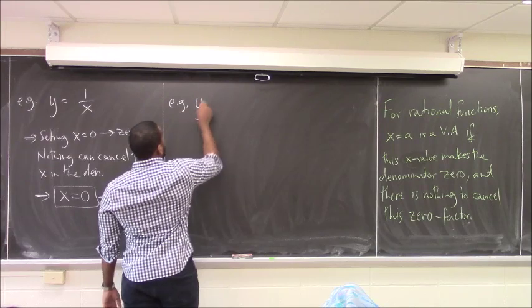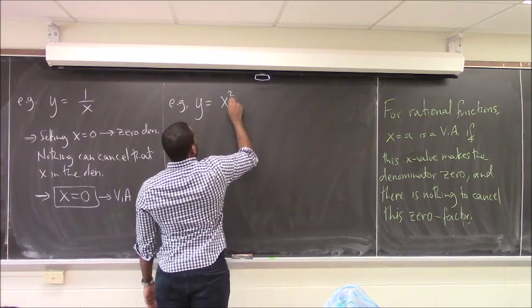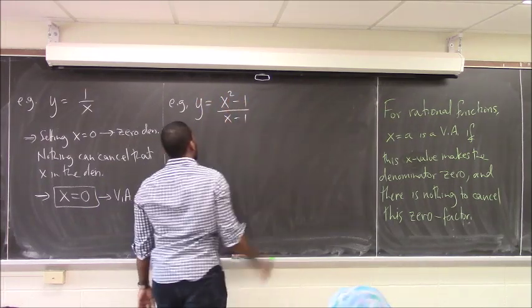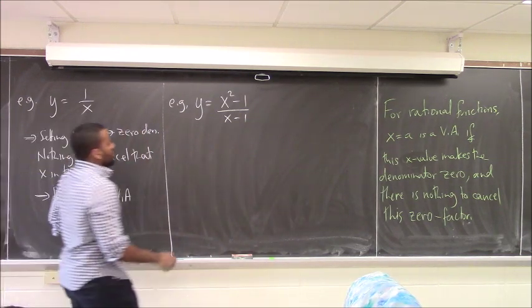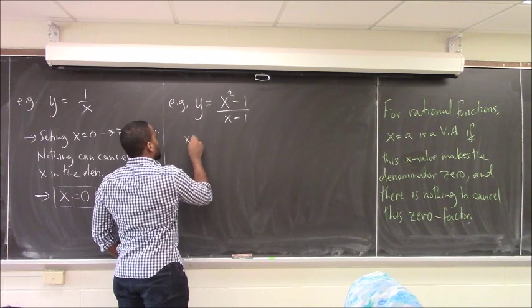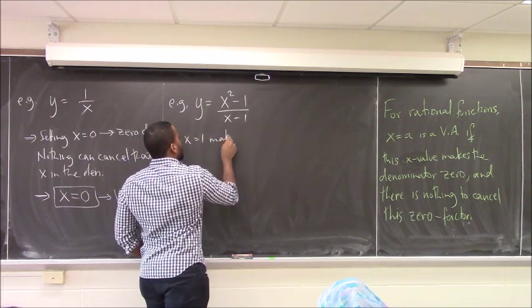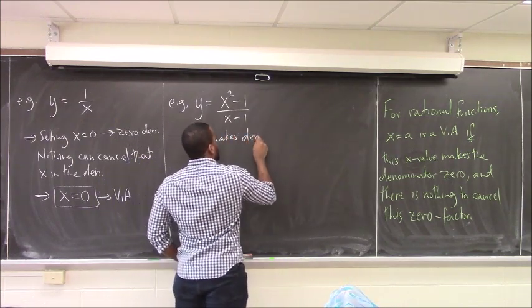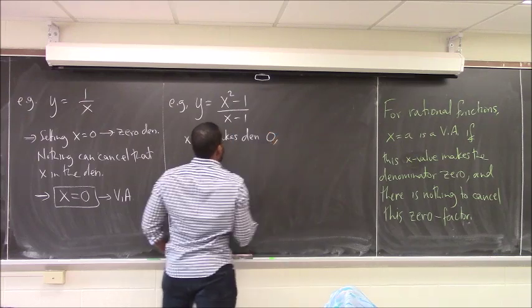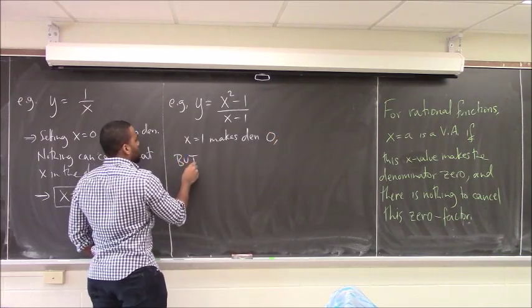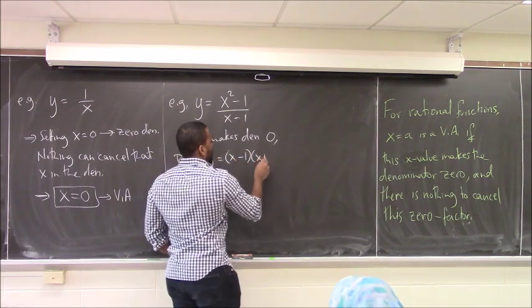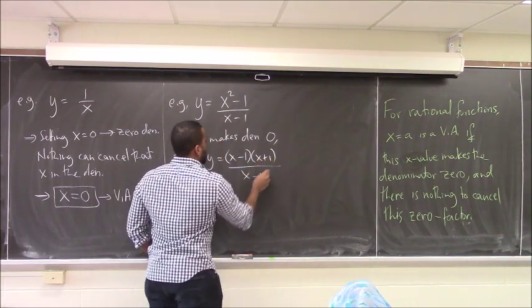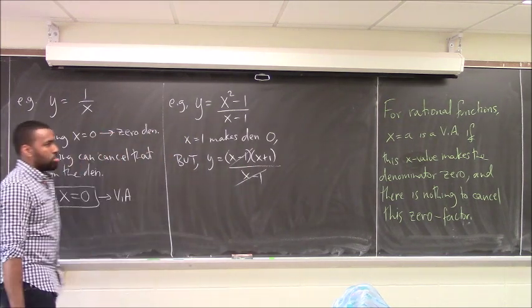Conversely, if you consider this function, that is a different situation. You would realize here, oh, x equals 1 makes the denominator 0. But you would also notice that the function can be written like this, and you can kind of cancel away that problem.